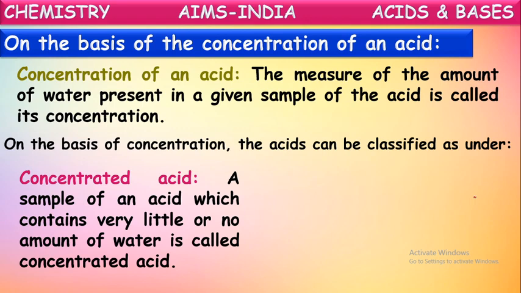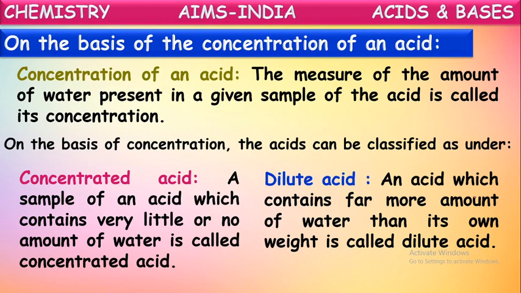So here the acid which contains more quantity of acid and very less quantity of water is called concentrated acid. The acid in which the quantity of acid is more is called concentrated acid. If the quantity of water is more than the acid quantity, then that is said to be dilute acid. An acid which contains far more amount of water than its own weight is called dilute acid.